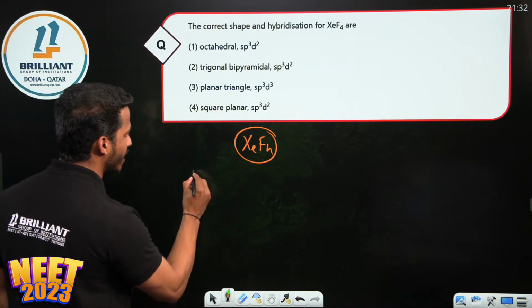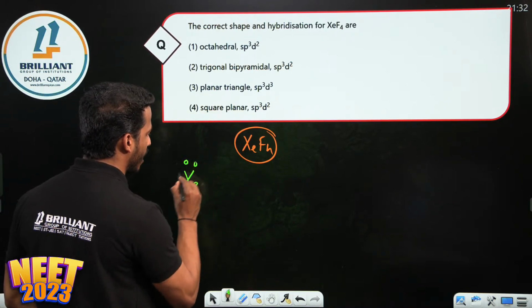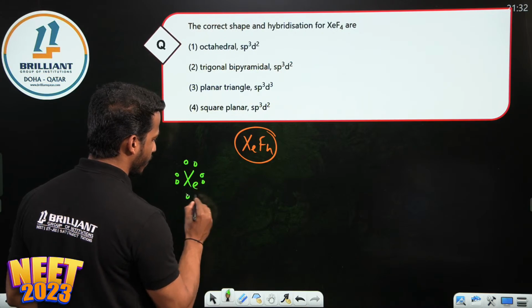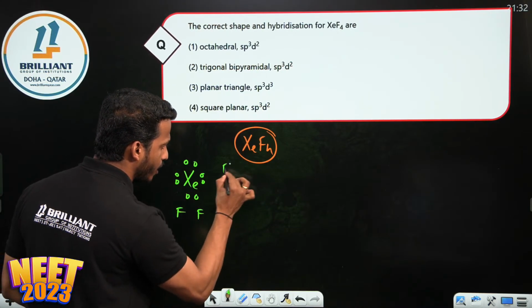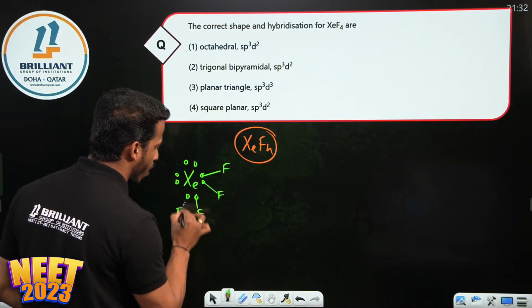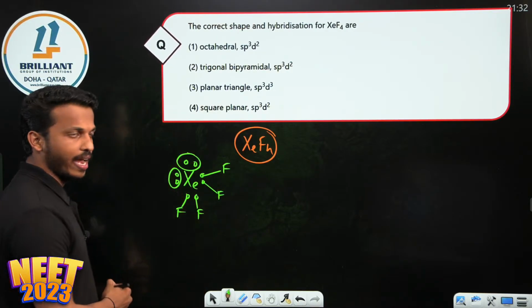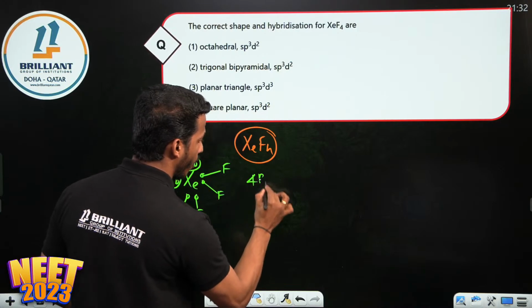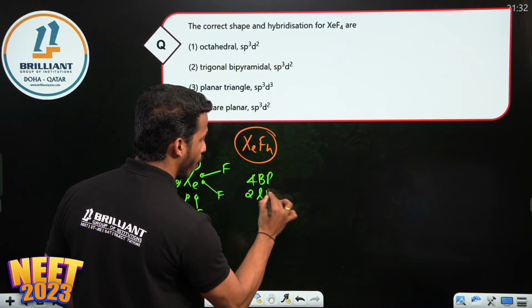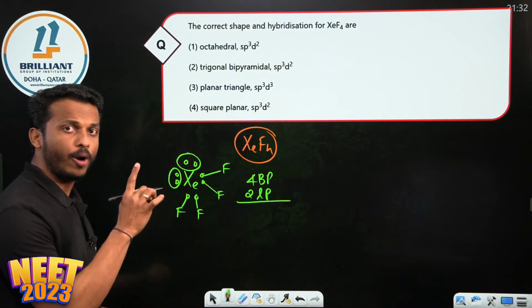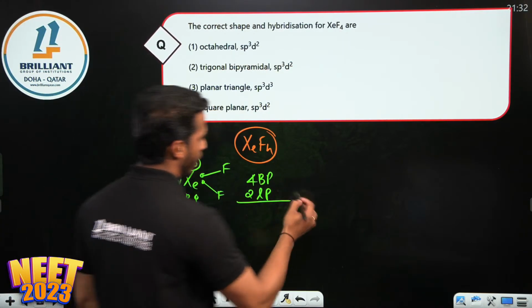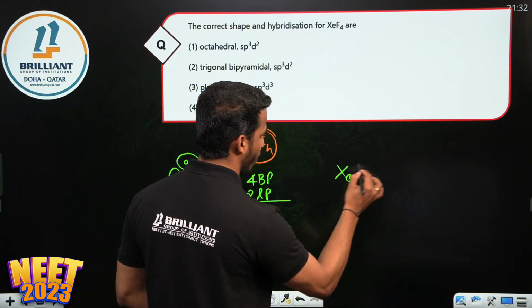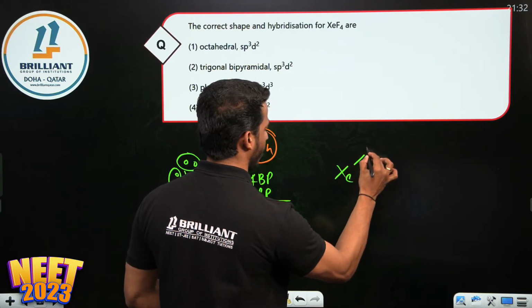Dear all, xenon is the central atom. Its valence electrons are 8. It is surrounded by 4 fluorine atoms and each fluorine requires 1 electron. So in total you can see that there are 4 bond pairs and 2 lone pairs. 4 bond pairs and 2 lone pairs, XeF4, right?